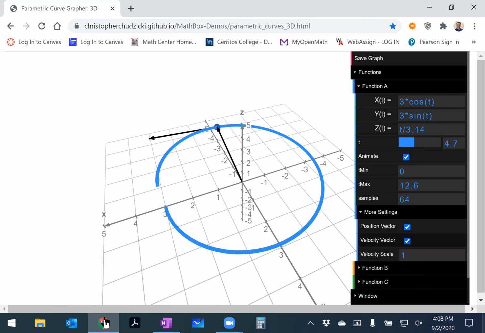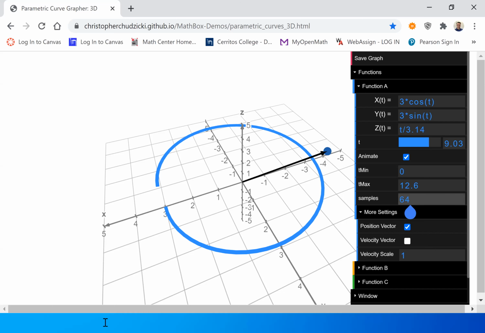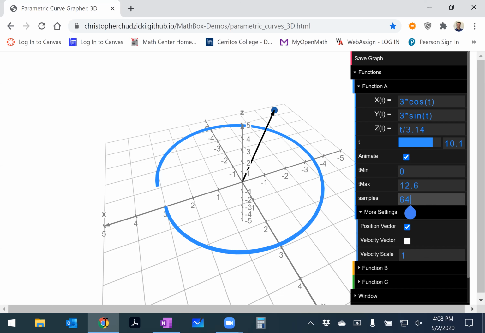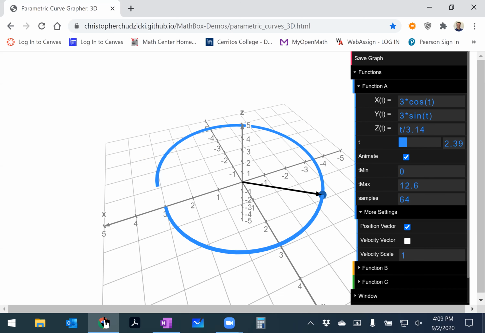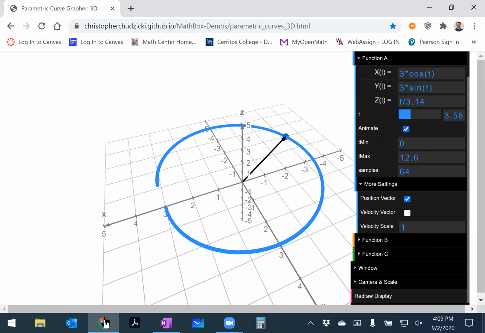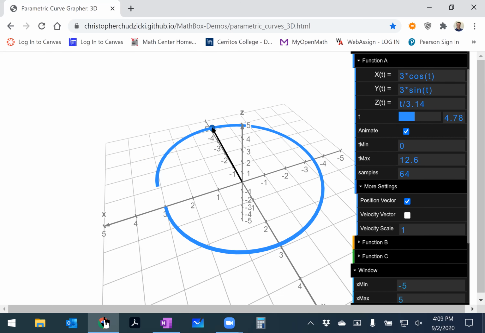That gives me the velocity vector. We're not there yet. This is the position vector. Samples, 64 samples. I don't know what the samples is. T min is 0, T max, functions A, B, C. Window, what's the window at?